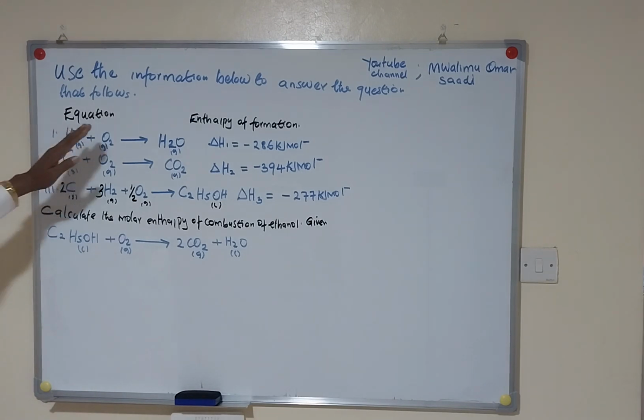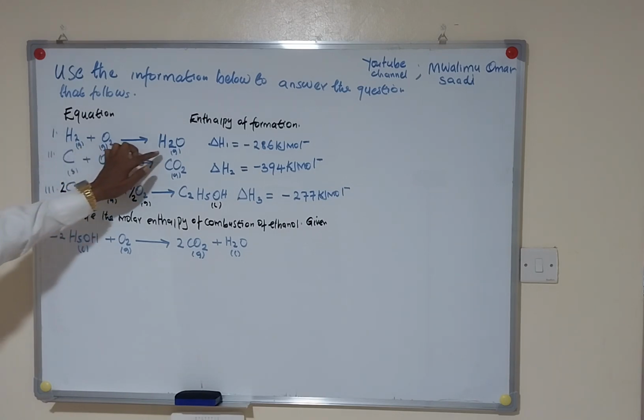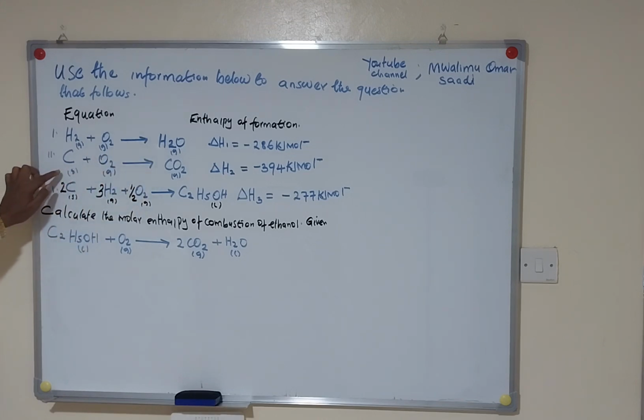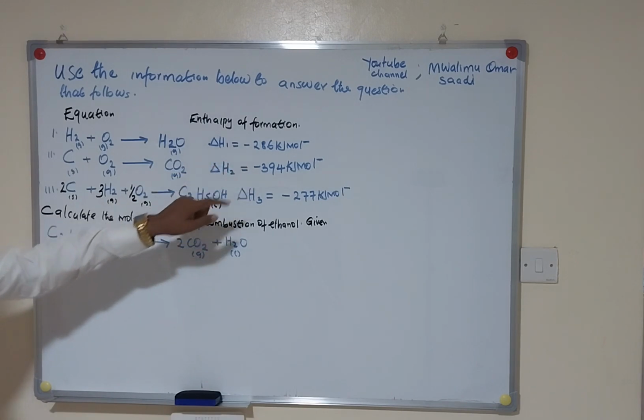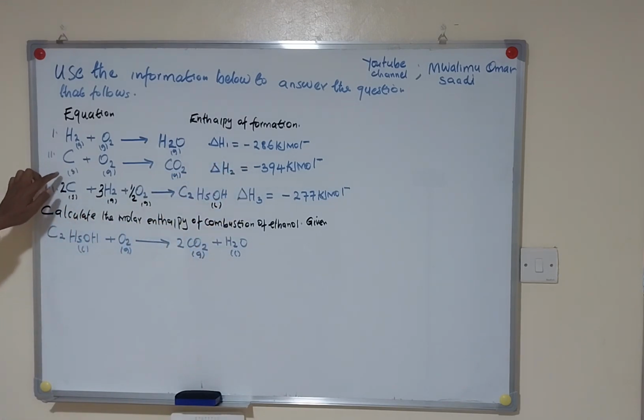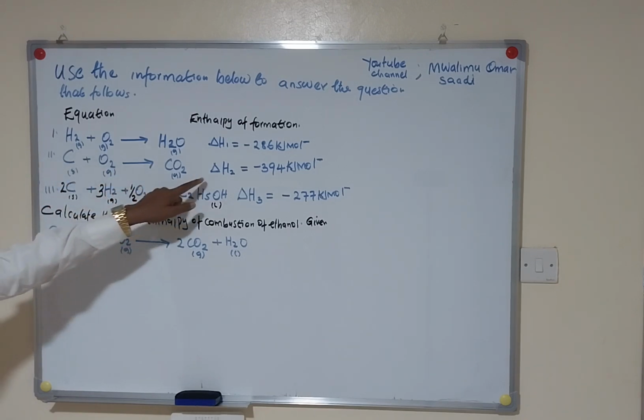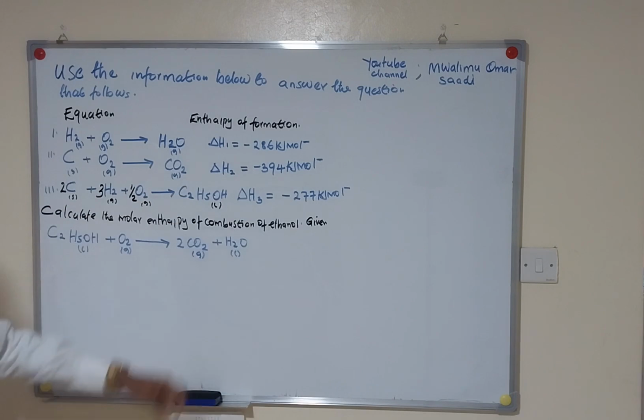We are told to use the information below to answer the question that follows. This is our equation: hydrogen plus oxygen forming water, and the enthalpy change delta H is negative 286 kilojoules per mole. We have got carbon plus oxygen forming carbon dioxide, and delta H is negative 394 kilojoules per mole.